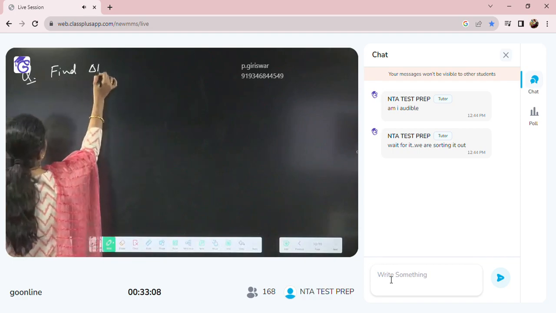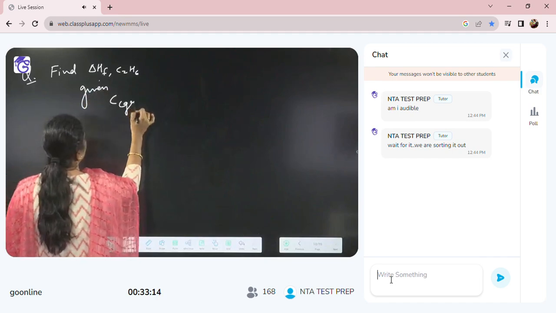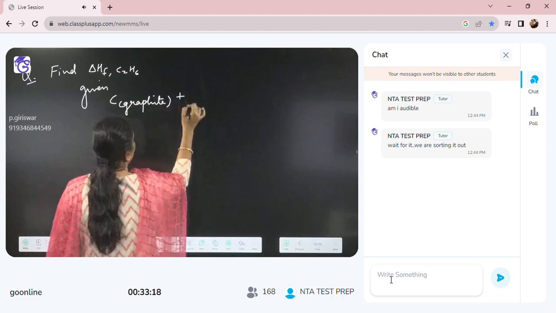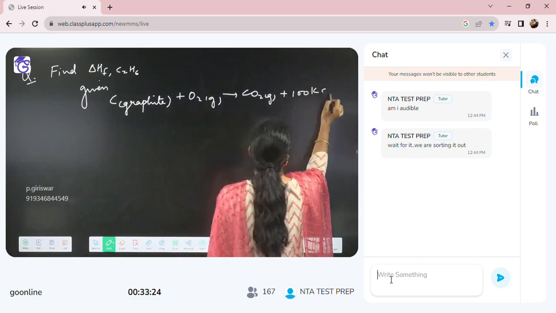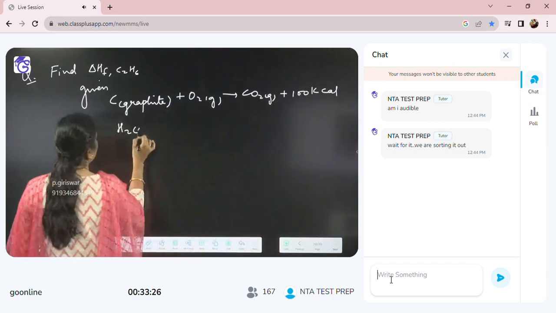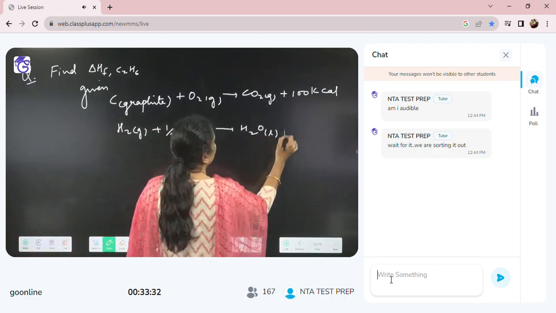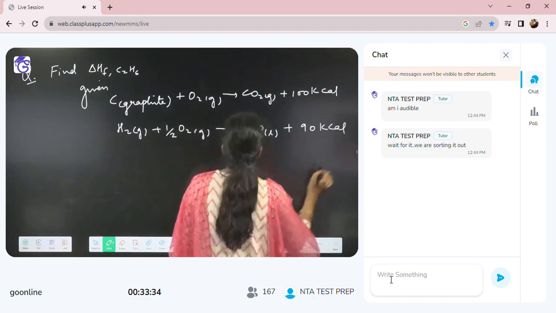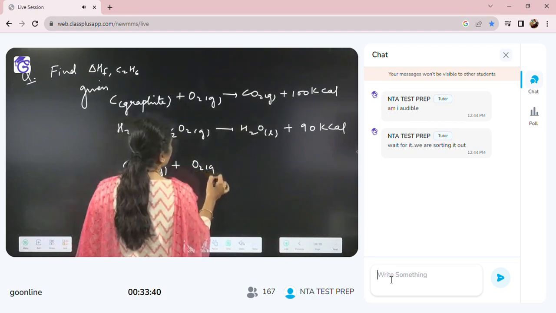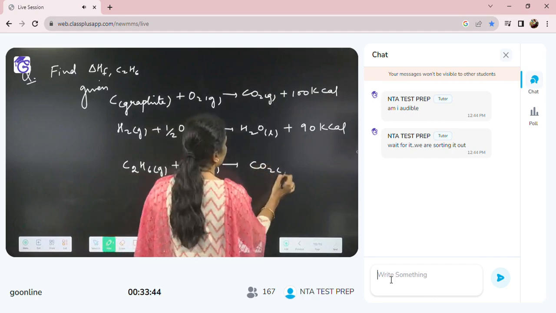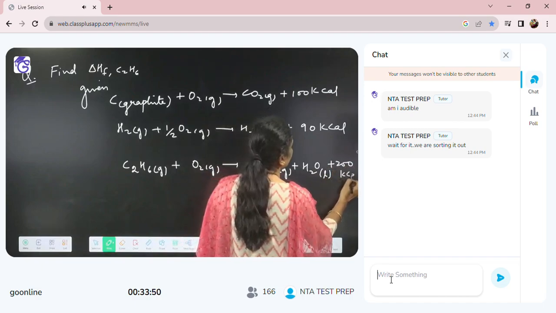Find enthalpy of formation of C2H6, given: carbon in graphite form plus O2 gas giving you CO2 gas plus 100 kilocalorie; H2 in the gaseous form plus half of O2 in the gaseous form, you are getting H2O liquid plus 90 kilocalorie; then C2H6 in the gaseous form plus O2 in the gaseous form giving you CO2 in the gaseous form plus H2O liquid, and here I am writing 200 kilocalorie.